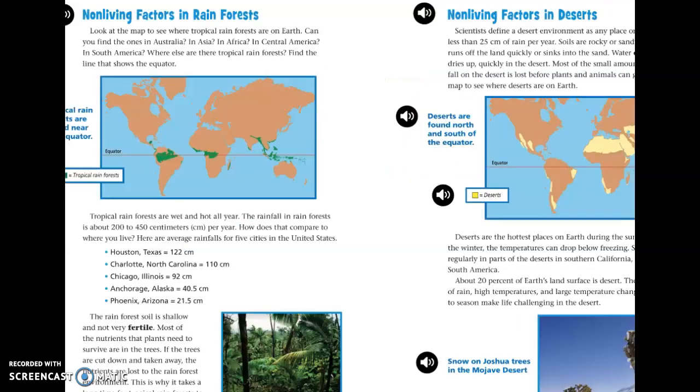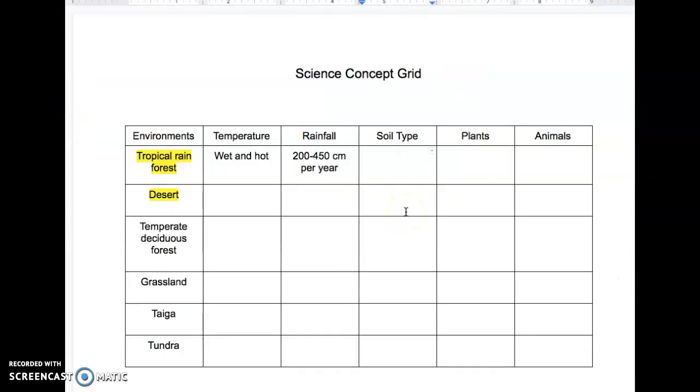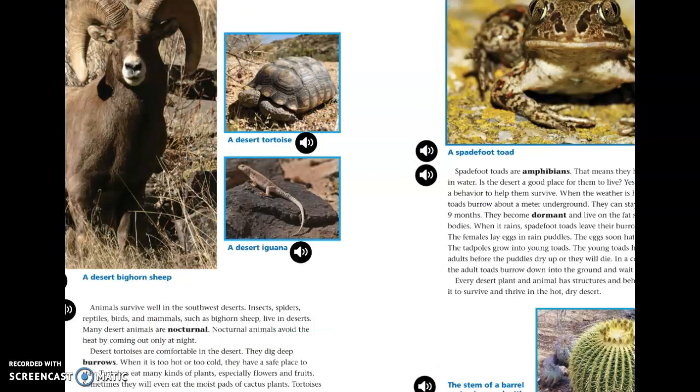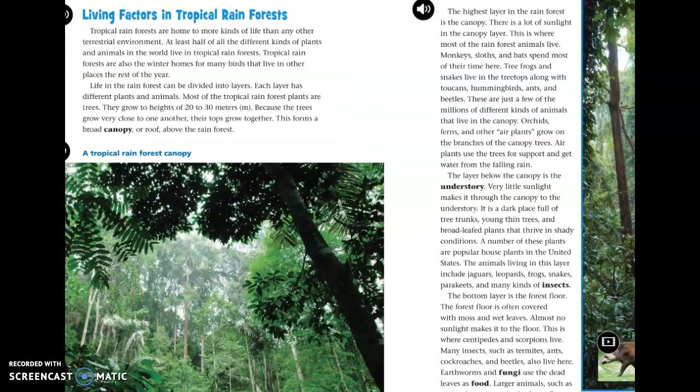So I'm going to look through the reading, and it says the rainforest soil is shallow and not very fertile. Okay, so I can add that to my chart. Shallow and not fertile. Okay, what type of plants are there? There are a lot of different plants that they mentioned in this section.